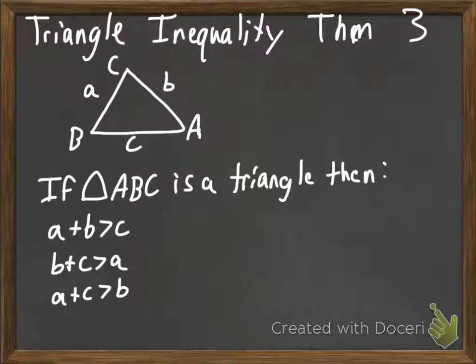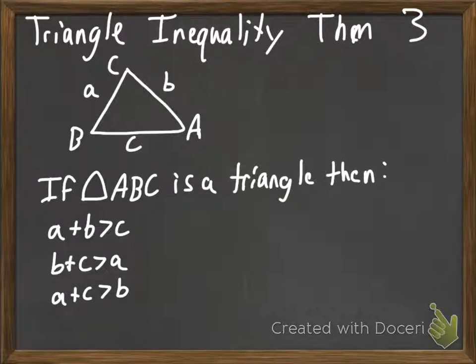Side A plus side B has to be greater than side C. Side B plus C has to be bigger than A, and A plus C has to be bigger than B. So basically we're looking at all the sides, adding up 2 of them, and it has to be bigger than that third side. If it's not bigger than that third side, then it is not a triangle, and the picture's fooling us.